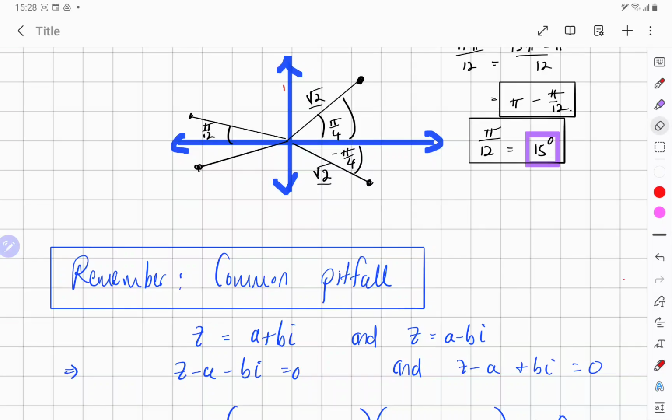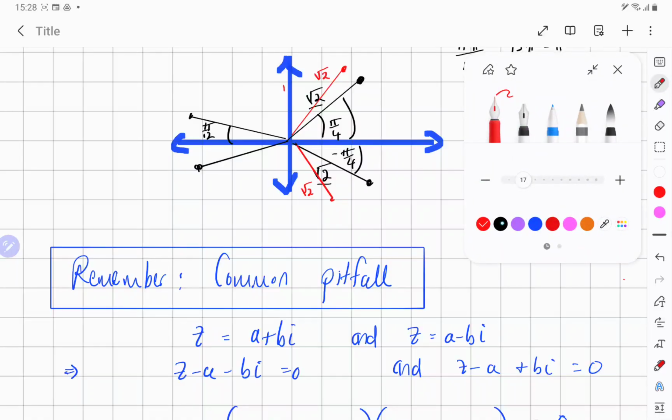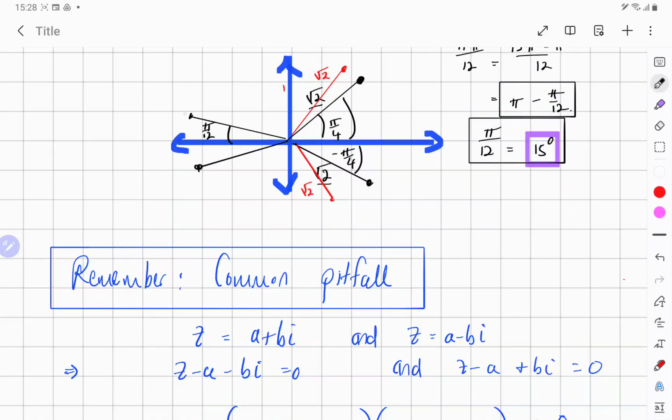So what do I see? So it will be there. So for instance, still root 2. The conjugate here, still root 2. And just note a very important point and also a common mistake students make.